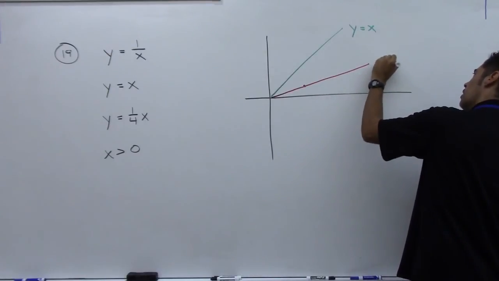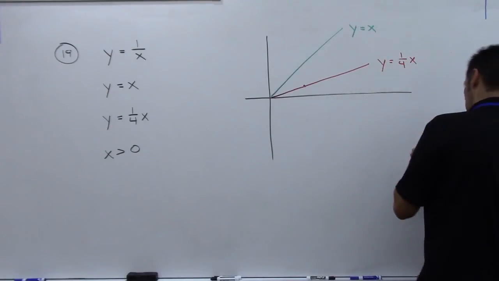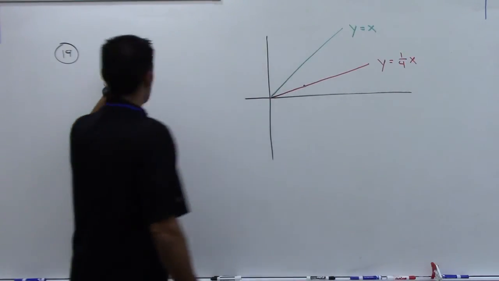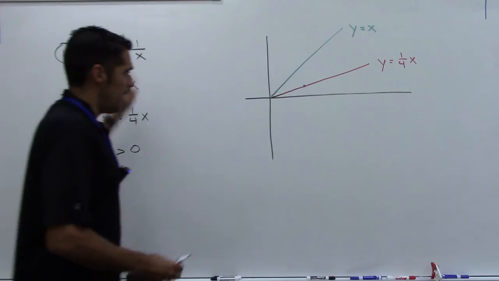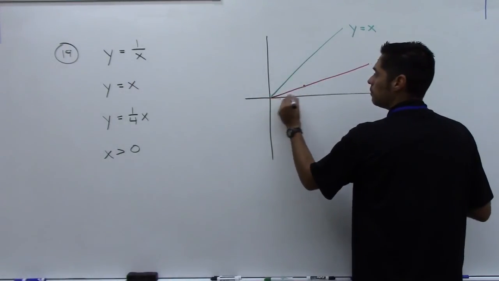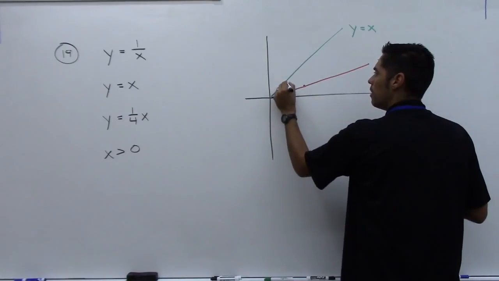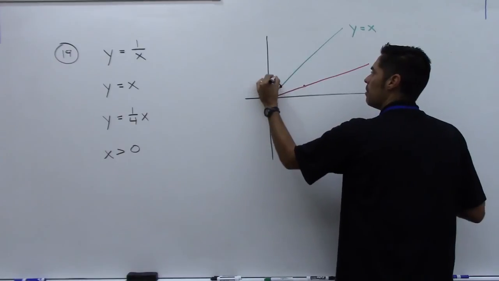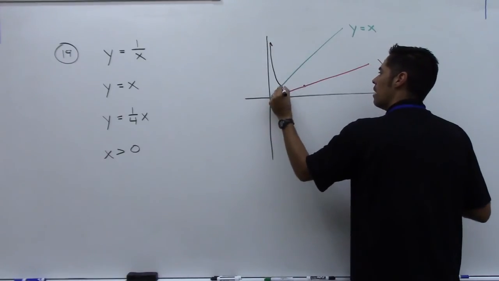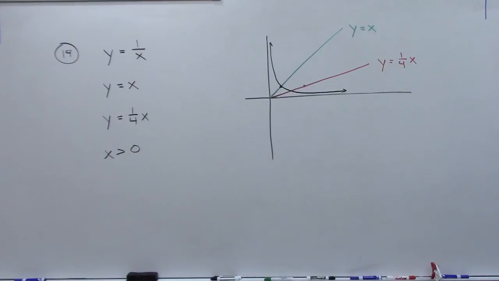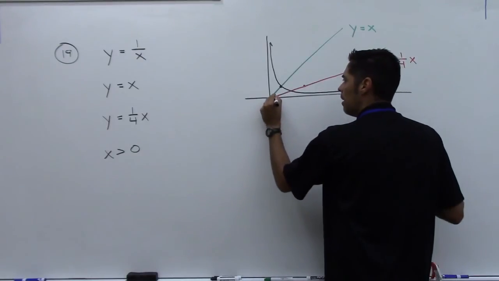And then y equals 1/x, right here. If we graph that at 1, we are at 1, say about right there. And then it goes up like this, and it dives down like this. All right, so if we look at those three graphs, then the region we're talking about is right in here.